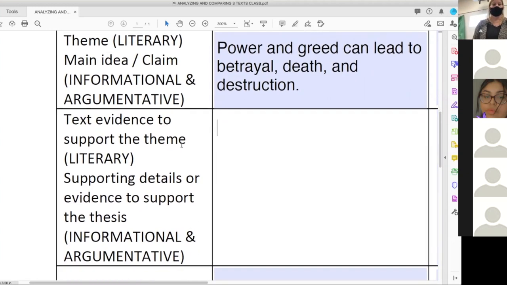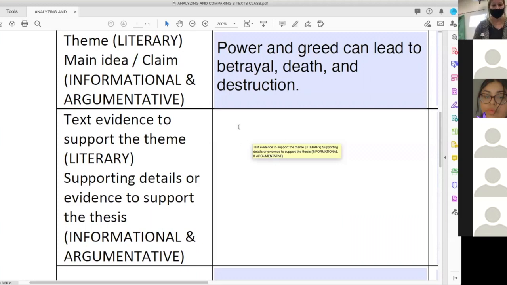Okay, and so we do have evidence to support this theme because we saw how the quest for power, or the desire for more power, led to the destruction of Macbeth and his family, right? We could go back to the play and get specific lines where the people actually died. We could find that evidence.